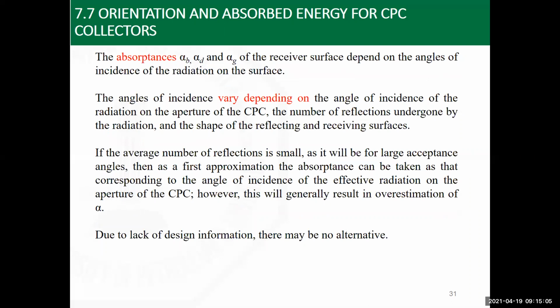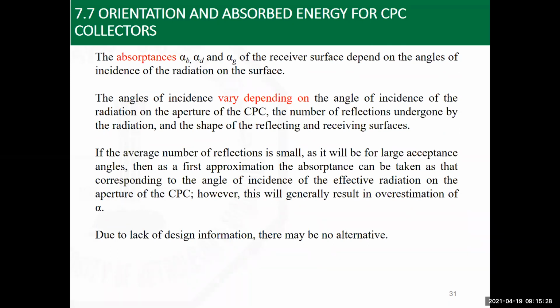The absorptances, alpha B, alpha beam, alpha diffuse, and alpha ground reflection of the receiver surface depend on the angle of incidence of radiation to the aperture of the CPC, the number of reflections undergone by the radiation, and the shape of the reflecting and receiving surfaces.